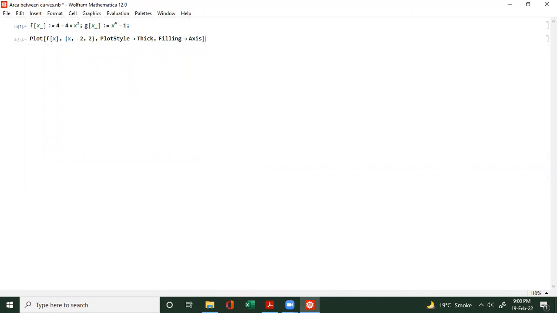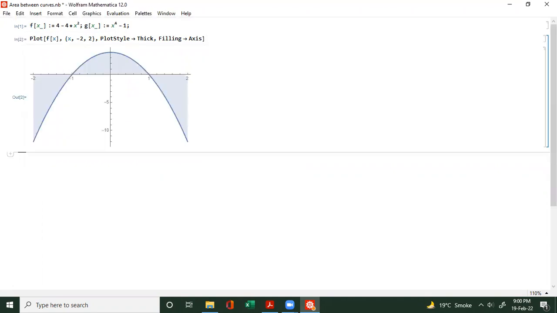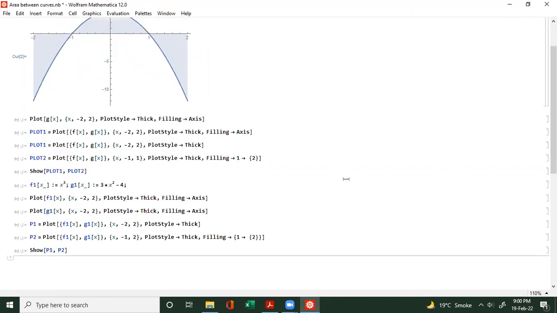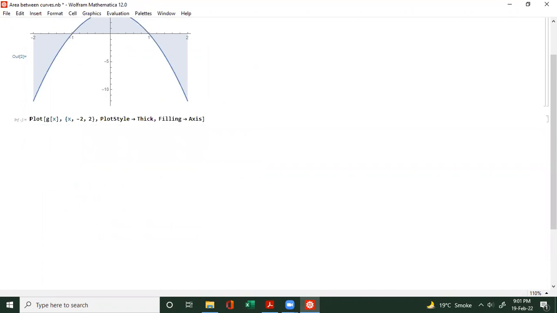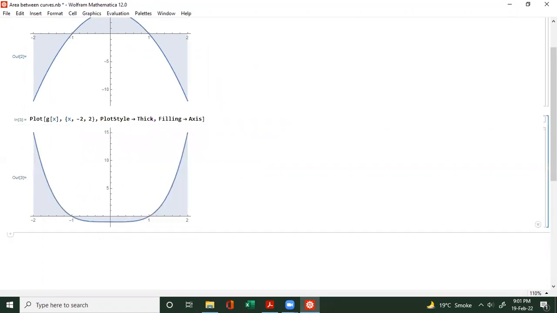So students, I am going to execute this command. Here I get the plot of the first function, where the area between the x-axis and the curve is shown. Now I am going to plot the second curve.